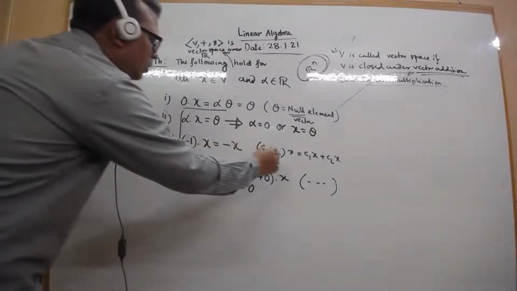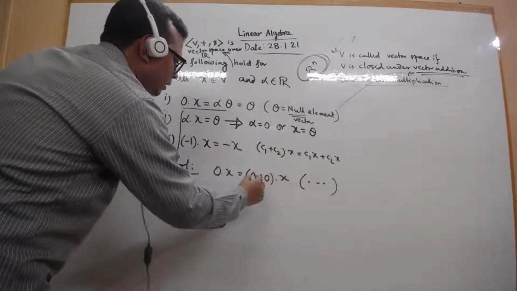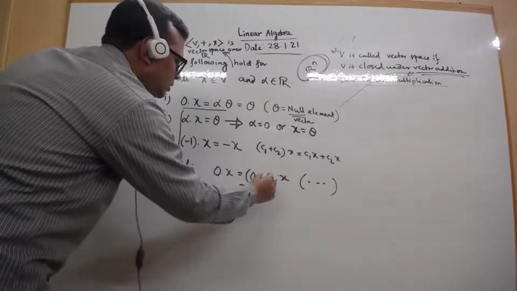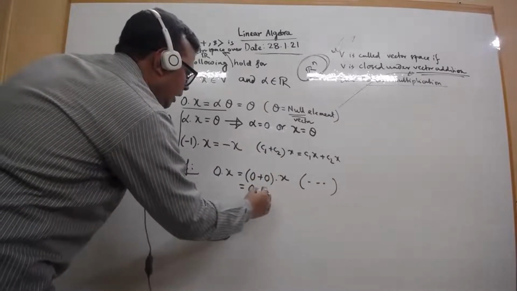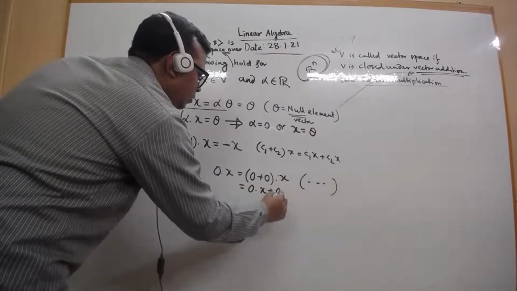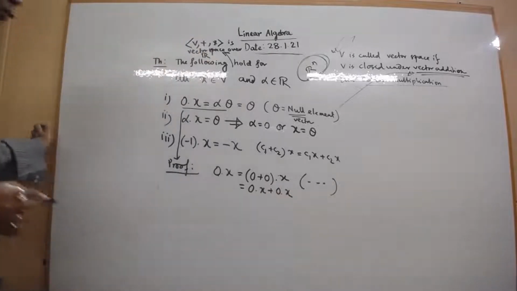Here C1 is 0 and C2 is 0, then 0 into x plus 0 into x.